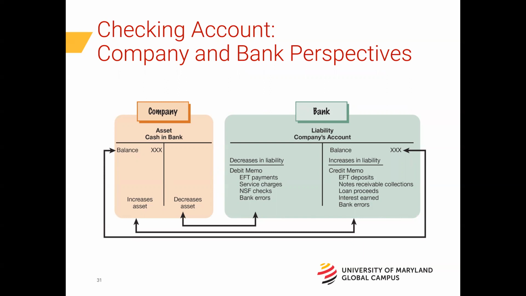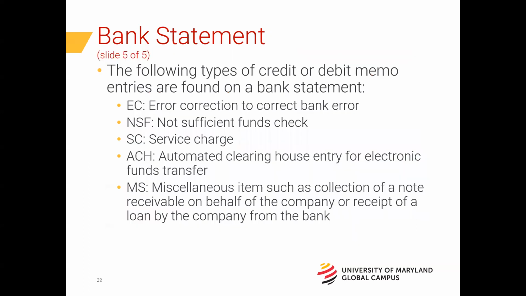And of course, we make any adjusting journal entries to record things like service charges, NSF charges, bank errors, strange deposits, interest earned, loan proceeds, things like that. These are all things that clearly will have an impact on your cash balance. So at the end of each month, we do this thing called reconciliation.